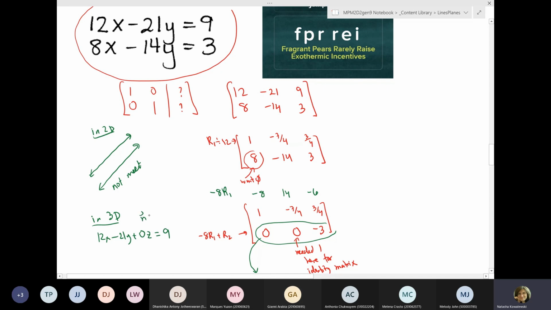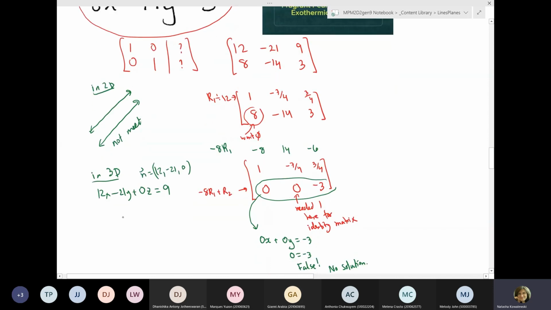And then the normal vector would be 12, -21, 0. So if that was your interpretation, then you'd basically have 2 planes that also never meet. So 2 lines do not meet, or in 3D, 2 planes do not meet at all.